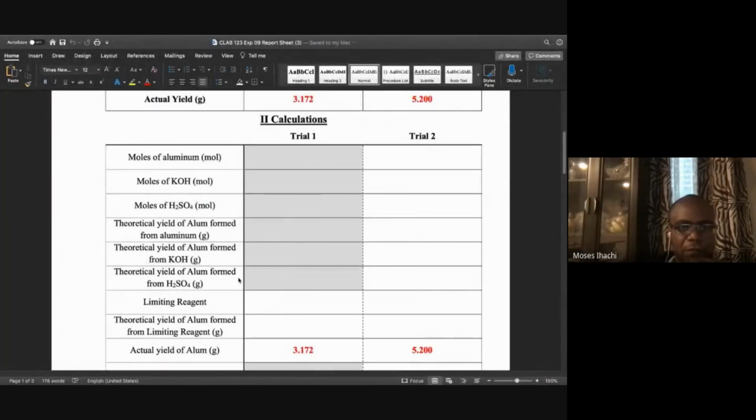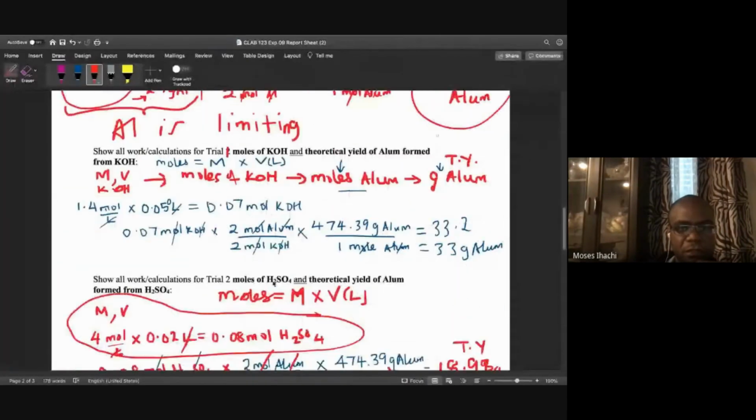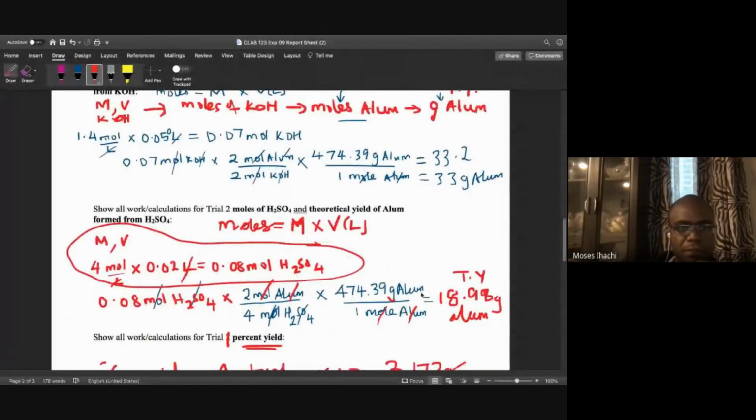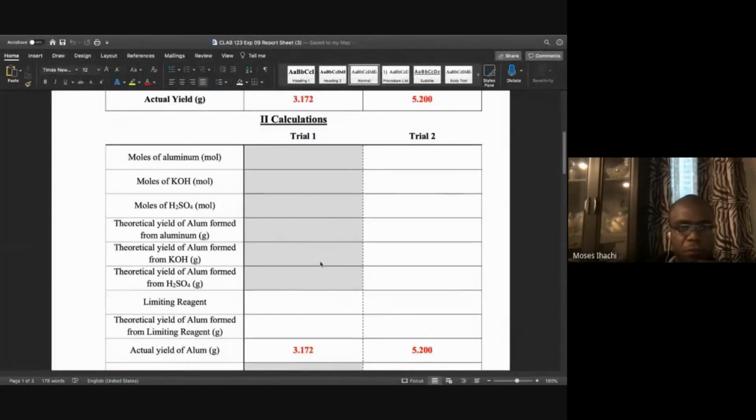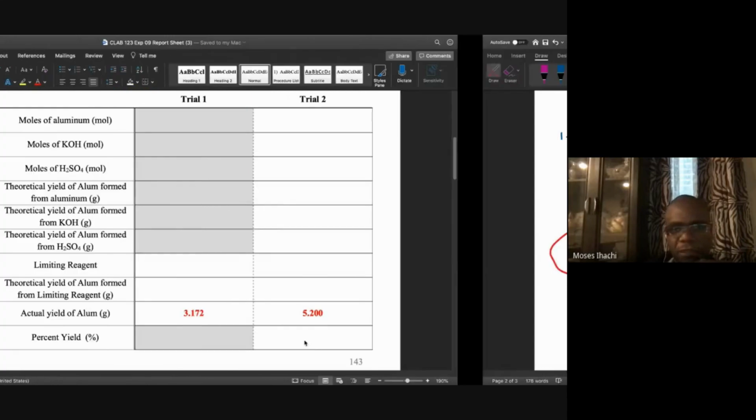Theoretical yield of alum formed from sulfuric acid. I've shown you the process right here. Theoretical yield turned out to be 18.98 for trial 1. You do the same thing for trial 2 and see if you find the same answers. And then theoretical yield of alum is what you got from the limiting reactant, and then actual yield is given, percentage yield is just what we just did.